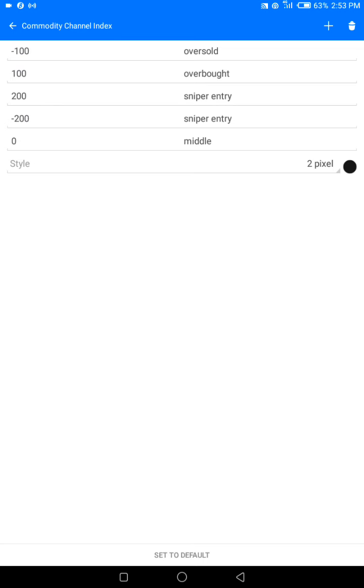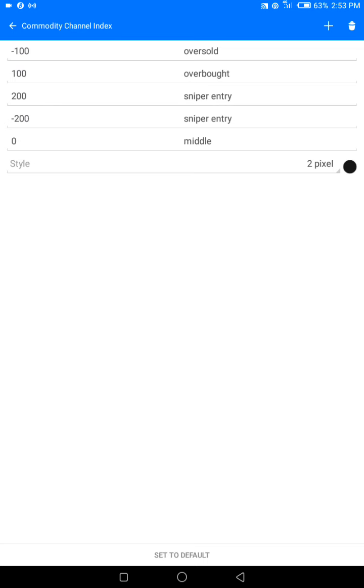Just that once in a while I do a little adjustment to suit what I actually want the indicators to do for me. Now this is how it has been on the levels. We have the -100, the +100, 200 and -200. I indicated it as the sniper entry on the 200 level.